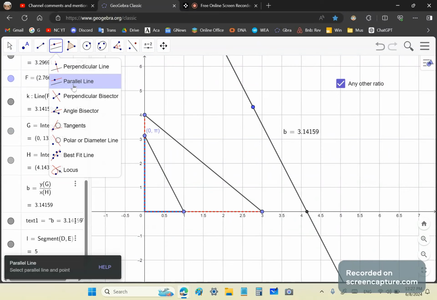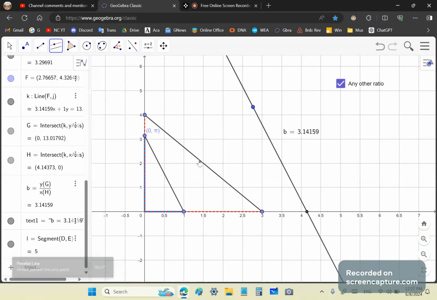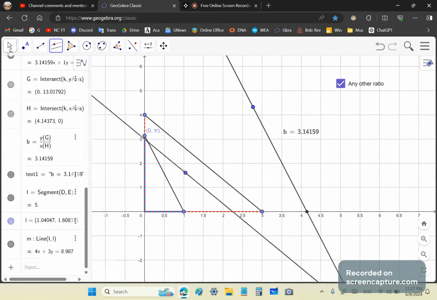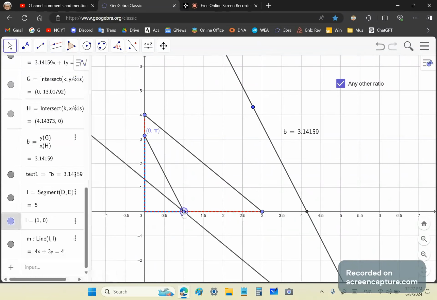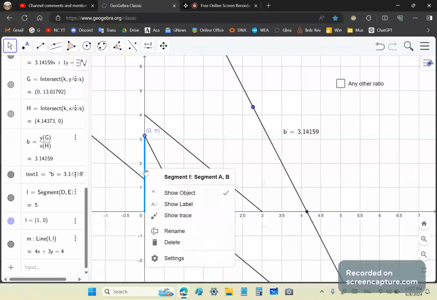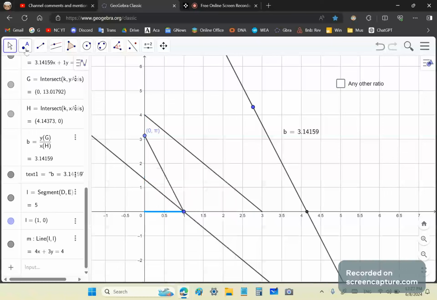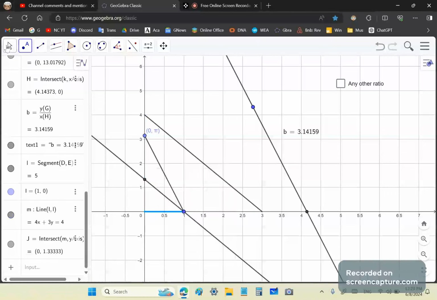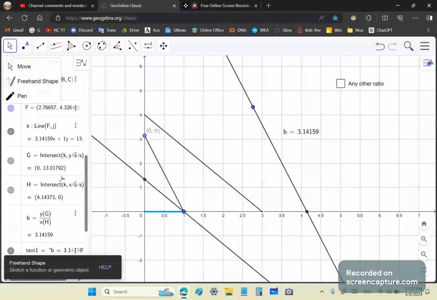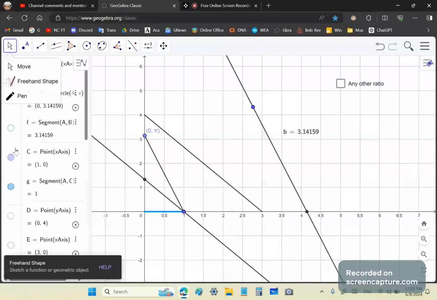So say parallel line, that and that, okay? And then, of course, all we have to do is move it there, like that, and this distance to this distance is 4/3, okay? Definitely is 4/3. And if I just get rid of that, put a point there, like that, and then get that line back, okay?